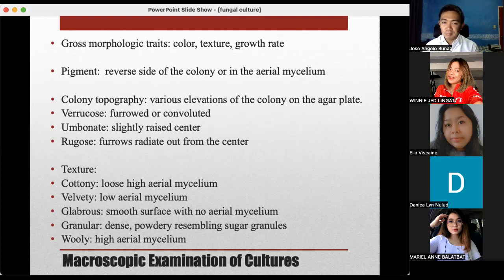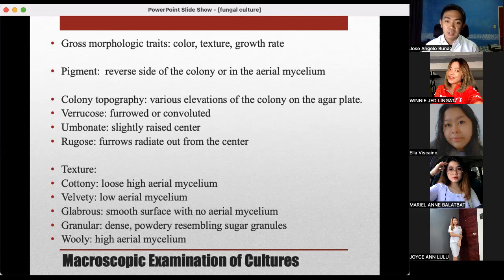Yung velvety naman, parang it resembles plush or velvet fabric or suede, and it has a short aerial hypha and very few conidia. May mga yeast-like na texture tayo that somehow resembles your coagulase-negative staphylococci, mga bacteria-like. So, wala din siyang aerial mycelia.